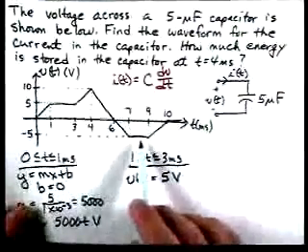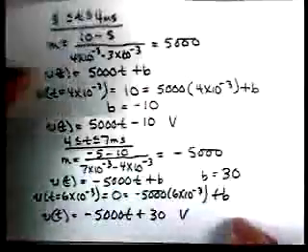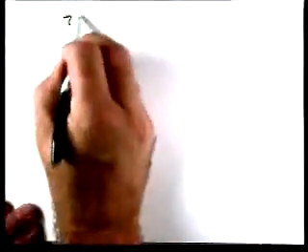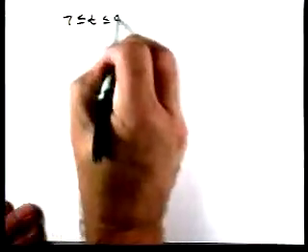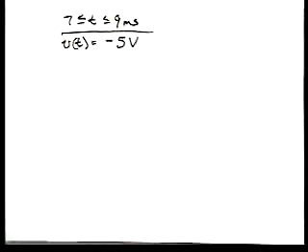Now we've got really 3 more intervals. 7 to 9 is pretty easy, and t greater than 10 is easy. Between 7 and 9 milliseconds, V of t is minus 5.